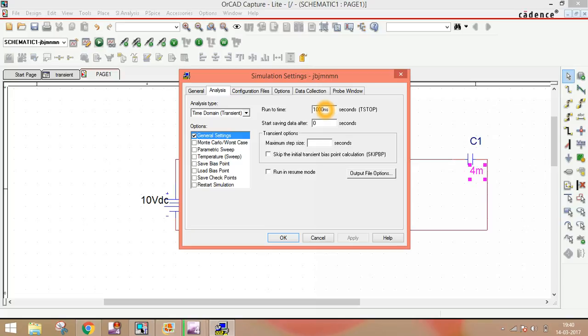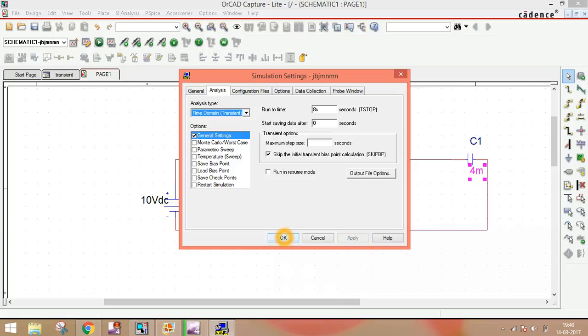In RL and RC circuits we have a time constant, so we put that, but here how can you set this value? I show you here. If I put 8 seconds, here you can see 8 seconds. And skip the initial condition, don't forget to uncheck that.